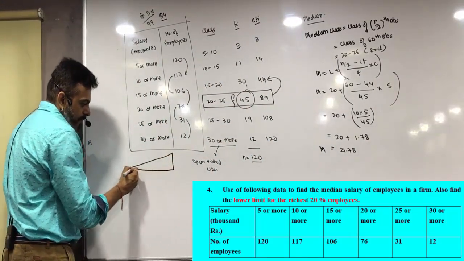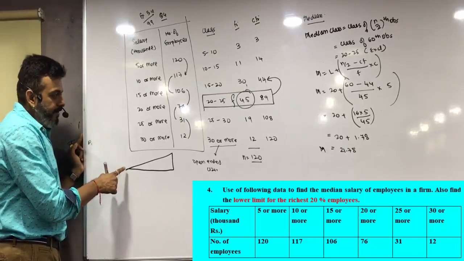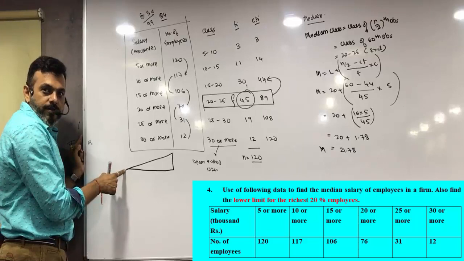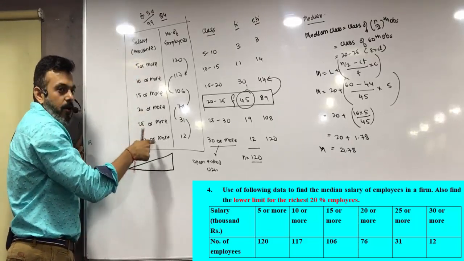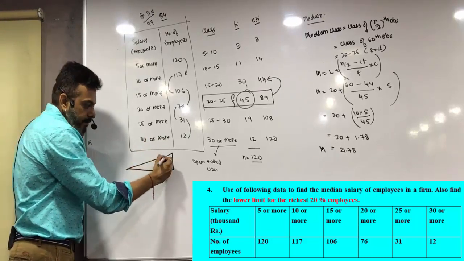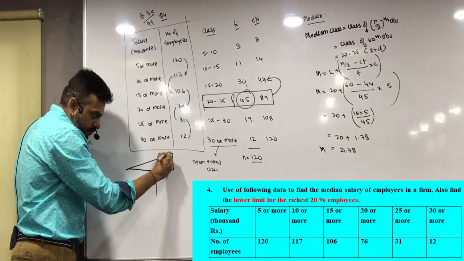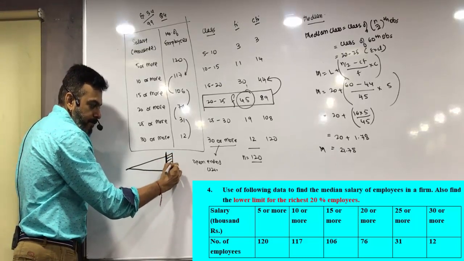Employees are arranged from minimum to maximum. The person getting the least salary comes over here, that is rupees 5,000, and the highest, 30 or more, will come somewhere over here. Can I say this is the top 20%? These are the top 20% employees.